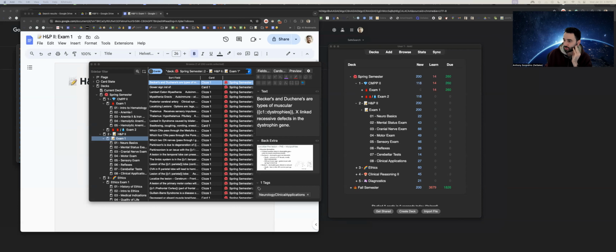We have central nervous system versus peripheral. We have upper motor neuron versus lower motor neuron. We have gray matter, white matter. We have just the basic lobes of the brain, some anatomy. We also have what cranial nerves pass through parts of the brainstem, like midbrain, pons, medulla. So we'll see if we can come up with some mnemonics for those.